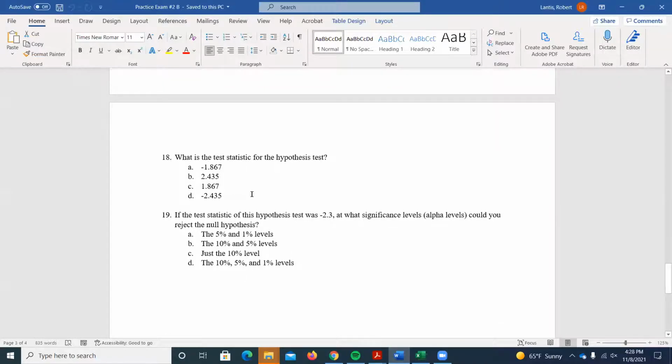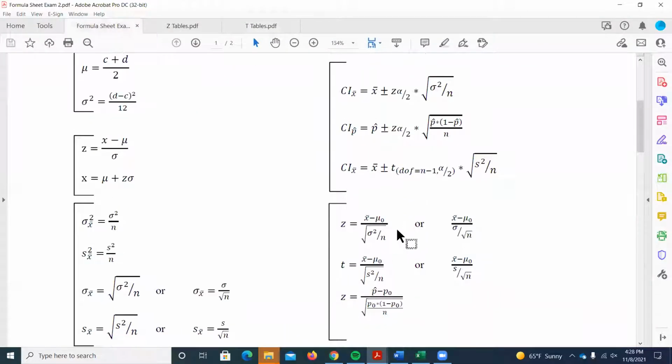So if I'm thinking about calculating my test statistic and I go to my formula sheet, I have 3 test statistic equations here. 1 for my sample proportion examples, 1 for a sample mean where I know the population variance or standard deviation, 1 for the sample mean where I only have a sample variance or only have a sample standard deviation.